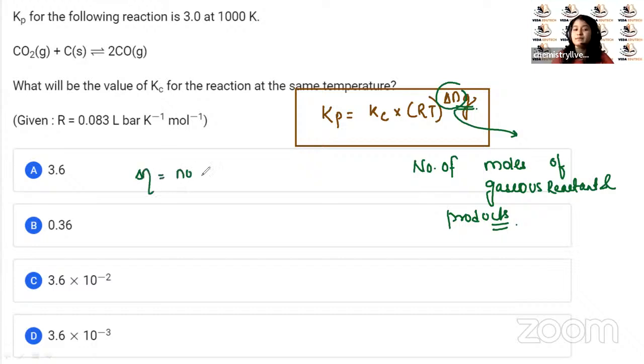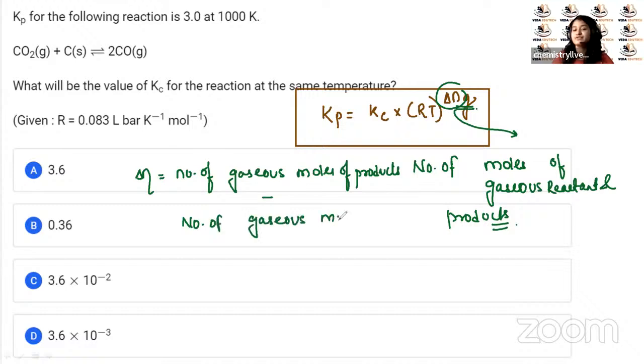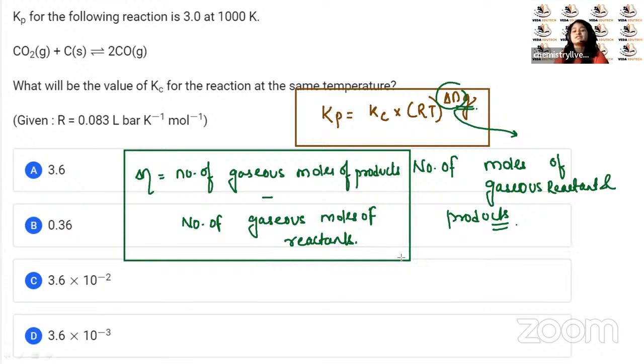Delta N is the number of gaseous moles of products minus the number of gaseous moles of reactants. This is your delta Ng, and that is the relationship between Kc and Kp.